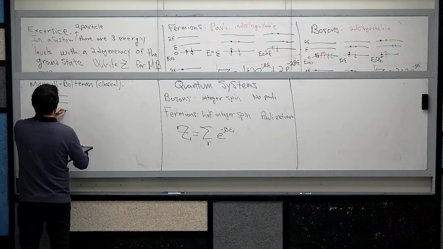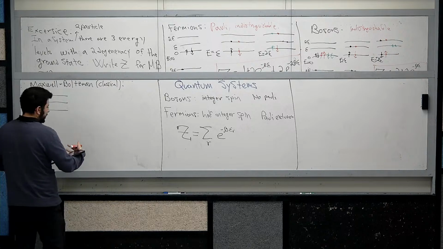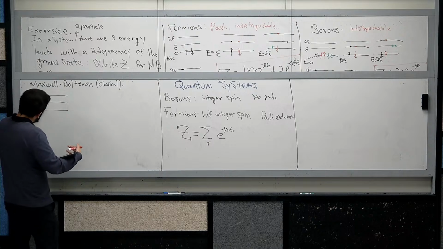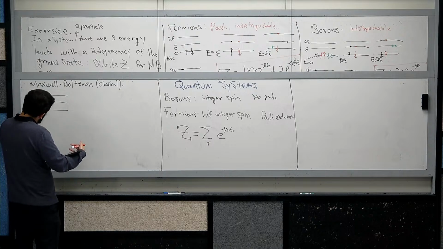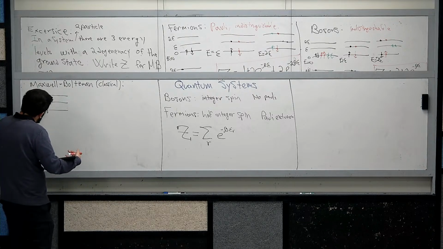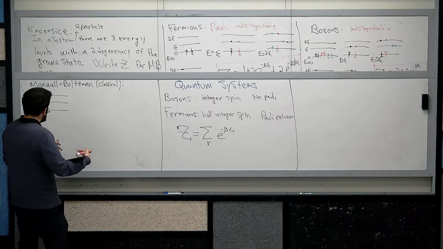So let's see how that changes things. For energy 0, what do we have? Both in the zero state, but now they are distinguishable, so I need to put an index A and B for each particle. So here is 4.